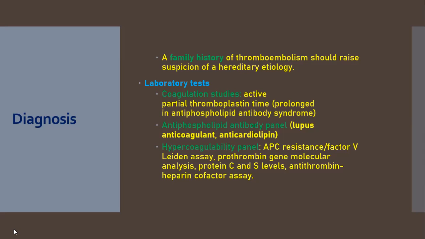And the other one is the antiphospholipid antibody panel, and the other laboratory study is the hypercoagulable panel, which can help you to determine activated protein C resistance, factor V Leiden, prothrombin gene, and the level of protein C and S, as well as antithrombin and heparin cofactors.